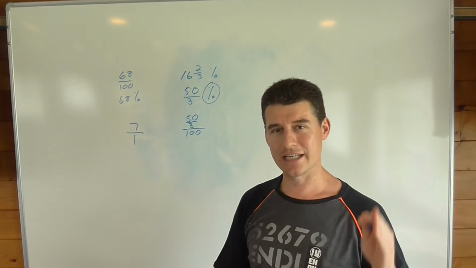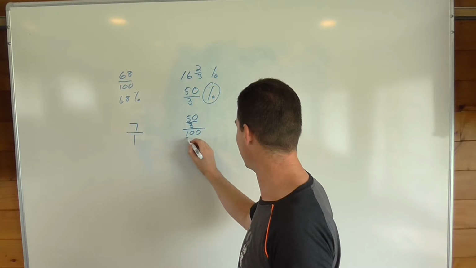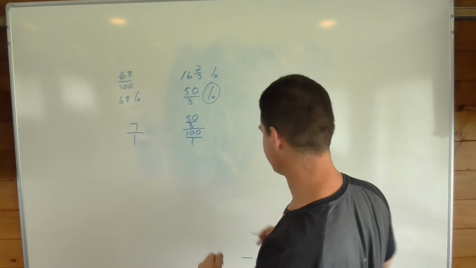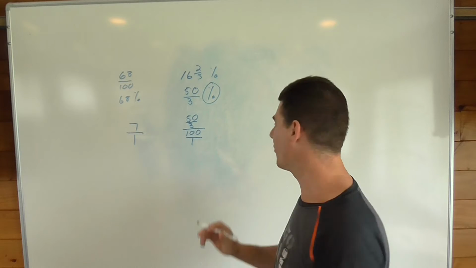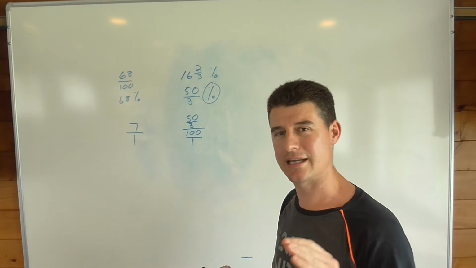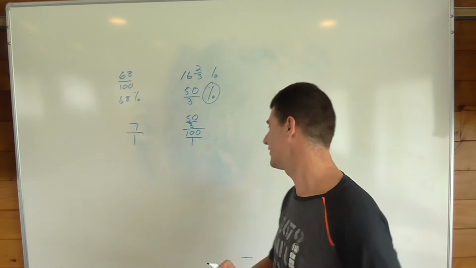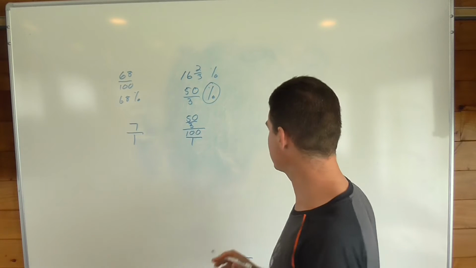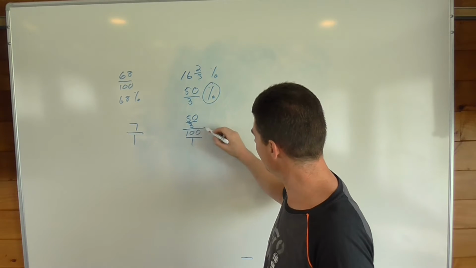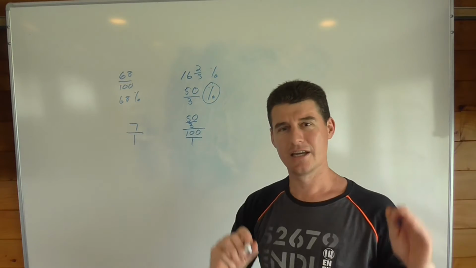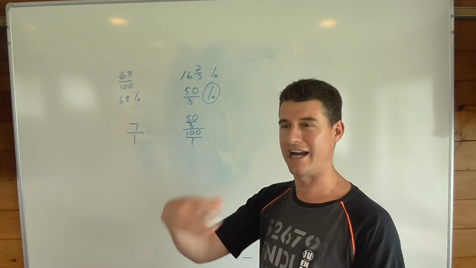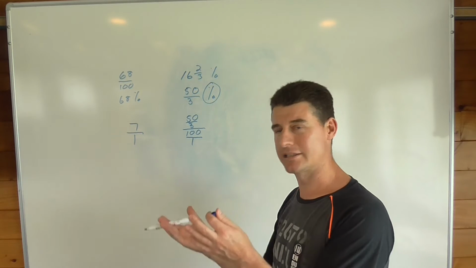Now that 100 is a whole number, so you can write that 100 as 100 over 1. Now remember what we learned in the first lesson of business literacy: if you've got a divide line, instead of dividing, you multiply.